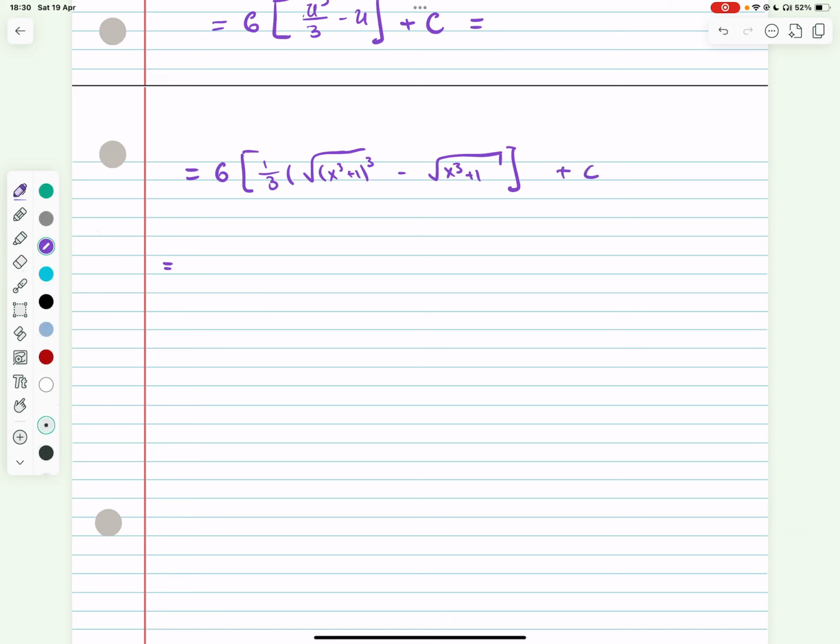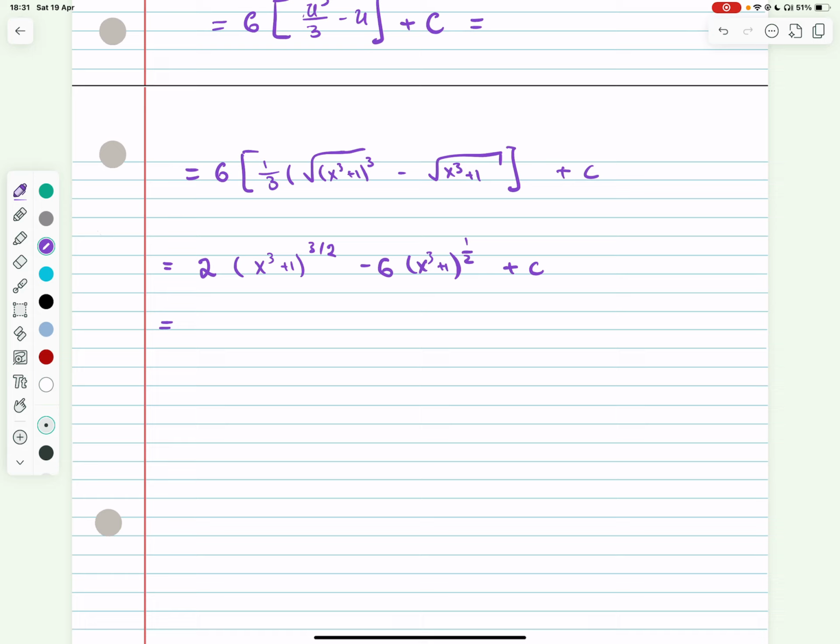So I'm going to multiply everything by 6, that gives us 2 times x cubed plus 1 to the power of 3 over 2, minus 6 times x cubed plus 1 to the power of 1/2, plus c.